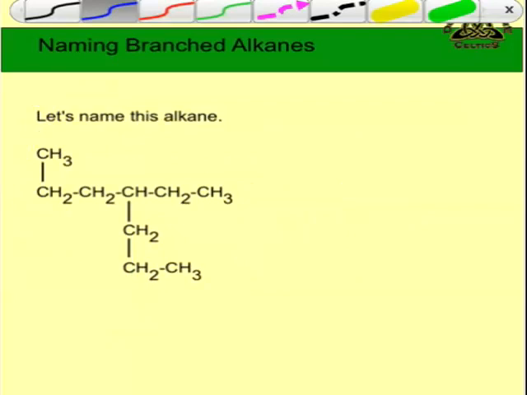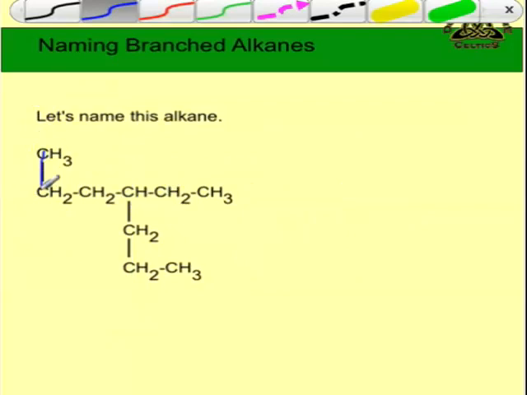So let's take a look at one that's a little more complicated, and let's see if we can correctly name this alkane. Well, as I look at this, this just looks like a bend. This could be written over here, and well, this goes straight, but as I look at this one, it appears to me as though I could make my longest chain by doing this.